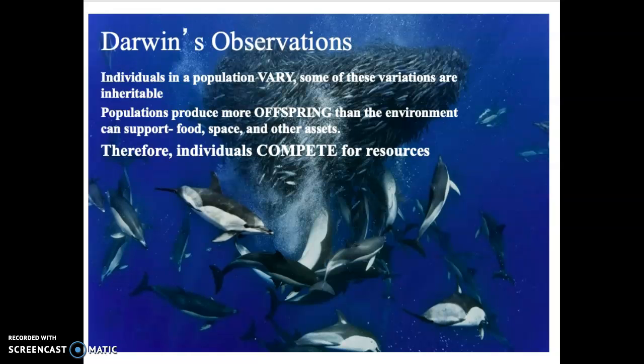We also know that in general, within species, populations tend to produce more offspring than there is food, space, and other things to help them survive. So what happens then is that individuals within a population compete for resources. Okay, so there is competition for food, there's competition for mates, there's competition for a safe place to live.